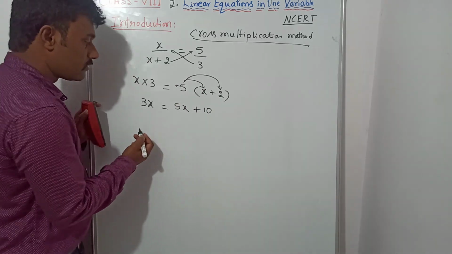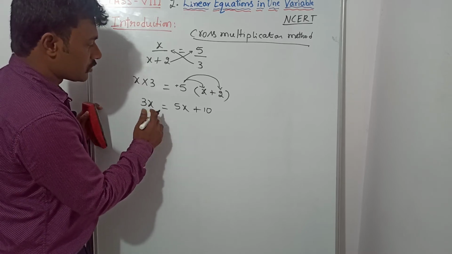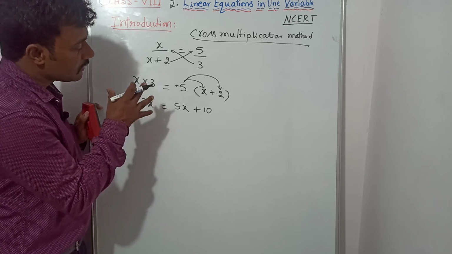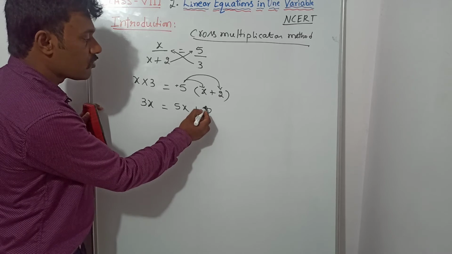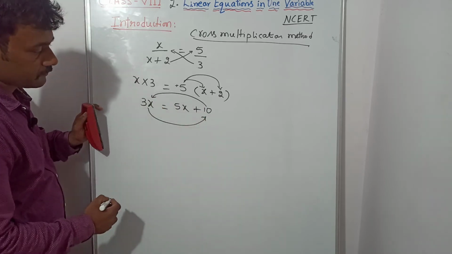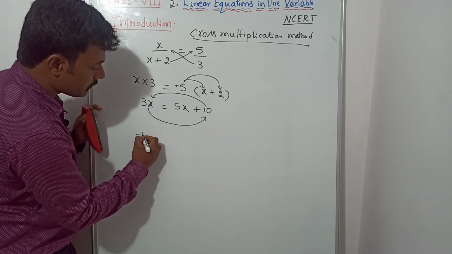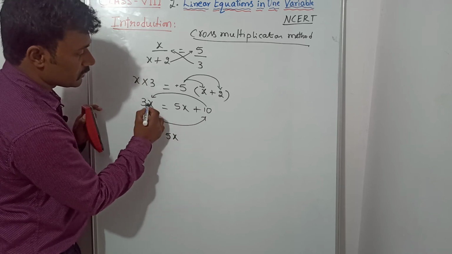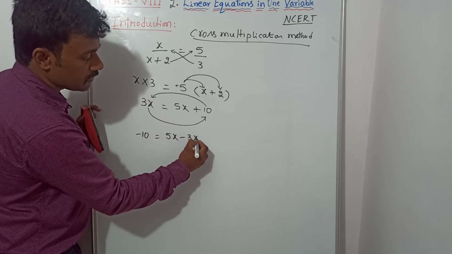Now you can find the value of x by shifting the terms. You are going to segregate the letters on one side and numbers on the other side. So here I am going to shift 10 to the left side and 3x to the right side. If I am shifting 10 to the left side, it becomes minus 10 is equal to 5x, I am writing as it is, and 3x going to the right hand side means plus 3x becomes minus 3x.